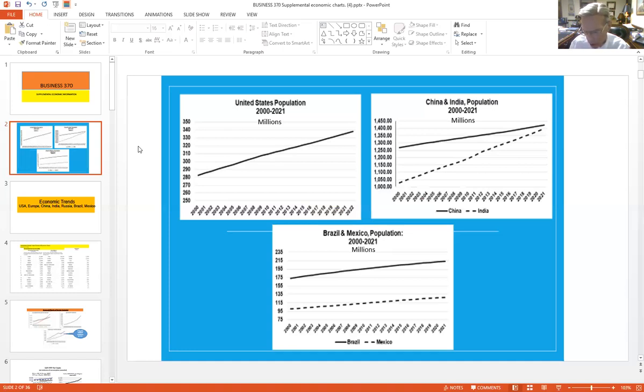Down below, we see a couple other countries that are very important to the United States. Brazil, whose population is now in the neighborhood of 200 million people. And Mexico, our neighbor to the south, where we see steadily growing population as well.